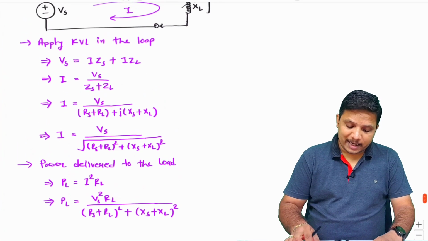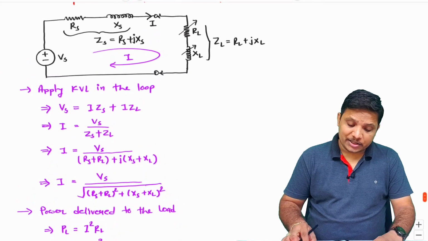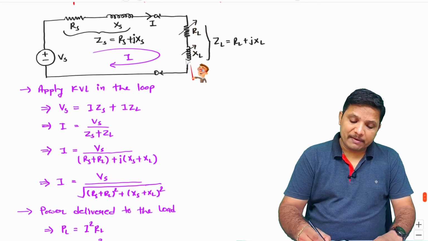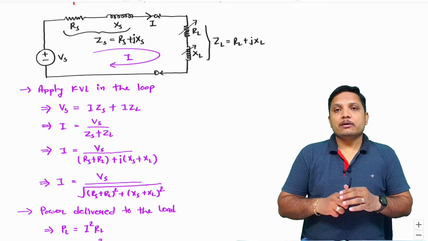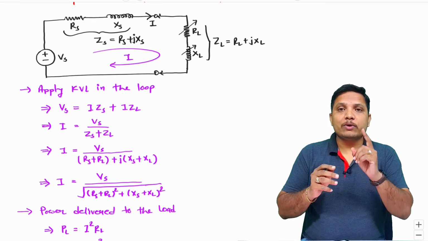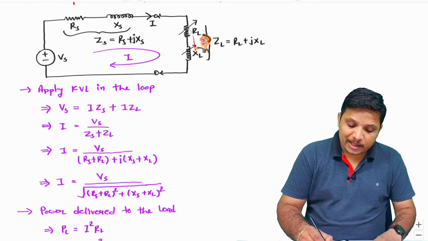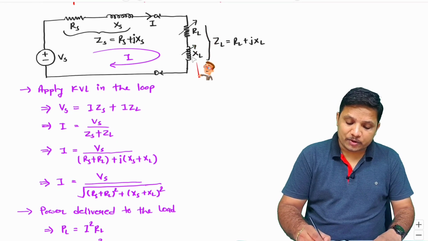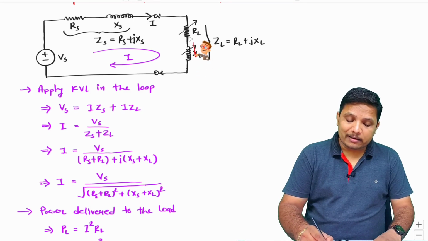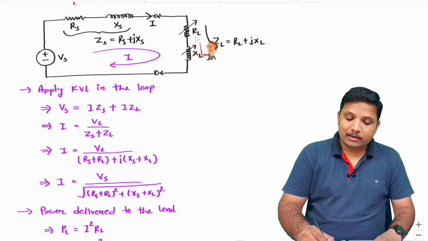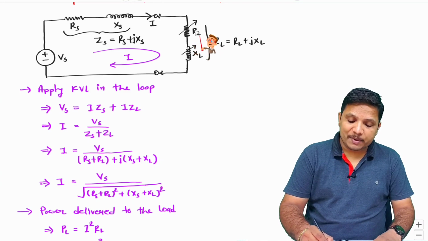Now our agenda is to understand the condition at which we get maximum power delivered. To get maximum power, we need to identify the value of RL as well as the value of XL. To calculate RL, we take the differentiation of PL with respect to RL and set it equal to 0.